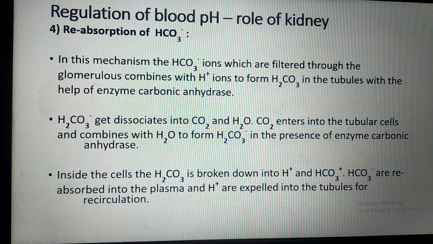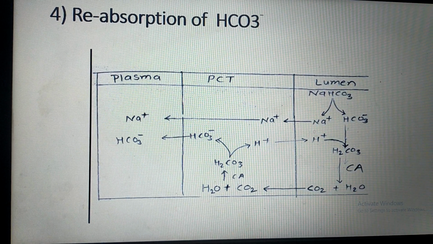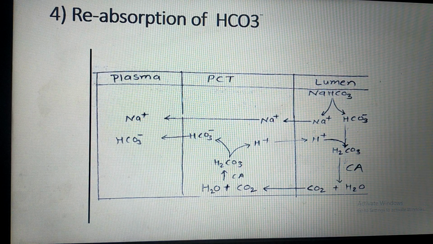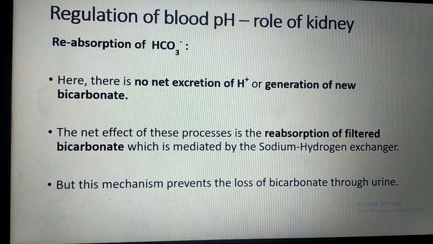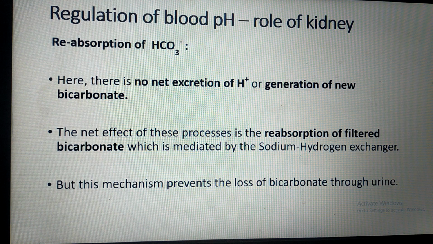Inside the cell, carbonic acid is broken down into H plus ion and bicarbonate ions. So here bicarbonate minus is there. These bicarbonate ions are reabsorbed into the plasma and H plus ions are expelled into the renal tubules for recirculation. So if you remember this figure, you can explain anything. In this process there is no net excretion of H plus ion or generation of new bicarbonate ion.